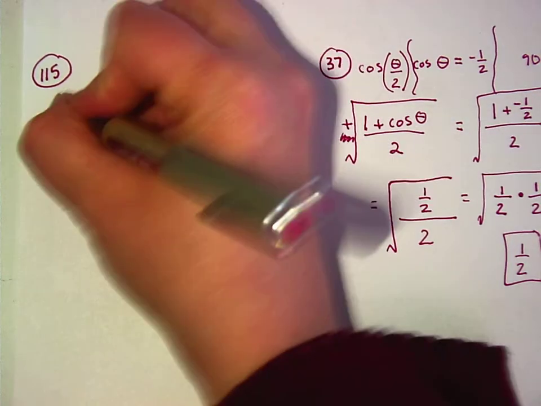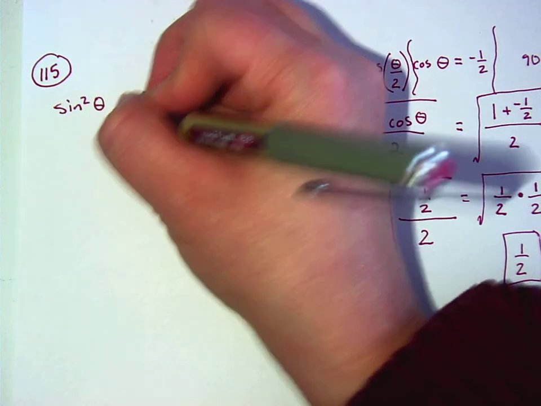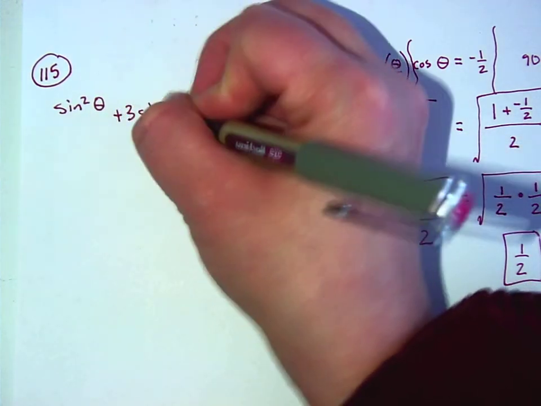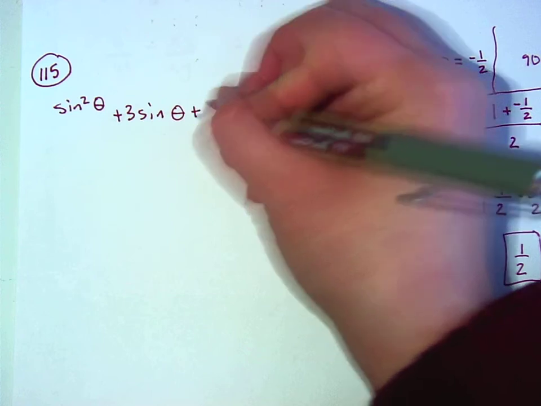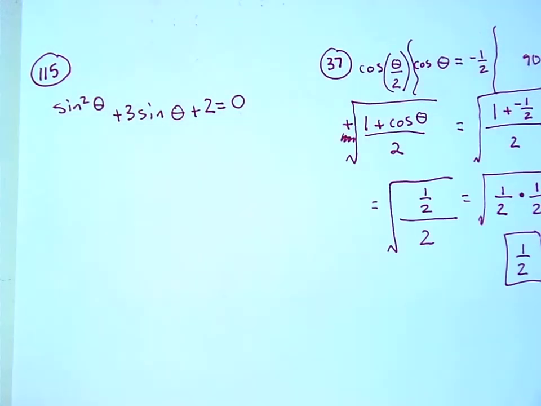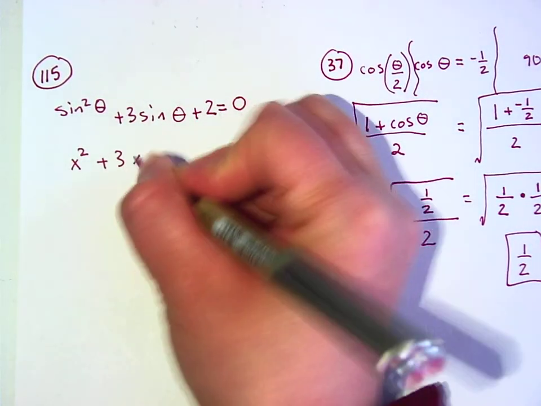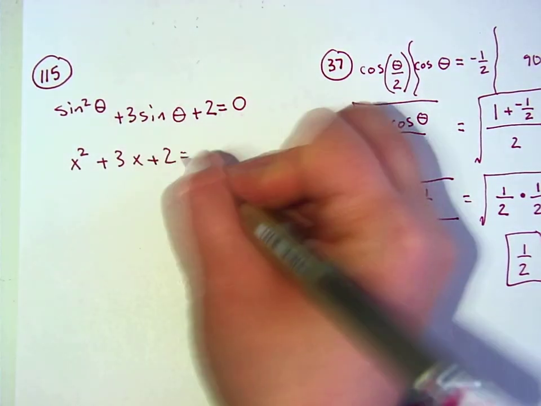All right, last one is sine squared theta plus 3 sine theta plus 2 equals 0. That is x squared plus 3x plus 2 equals 0.